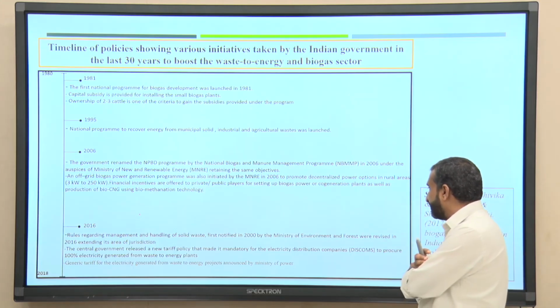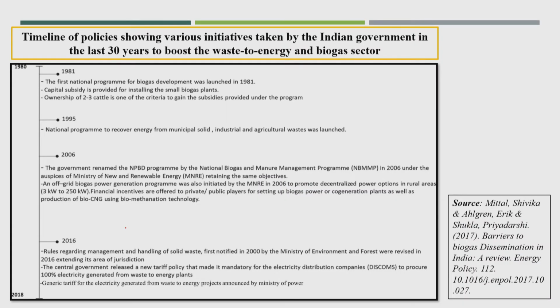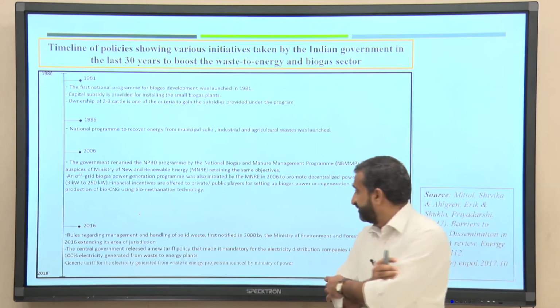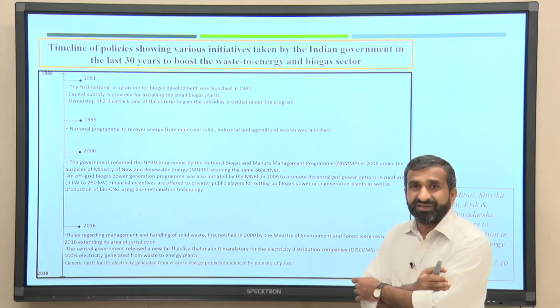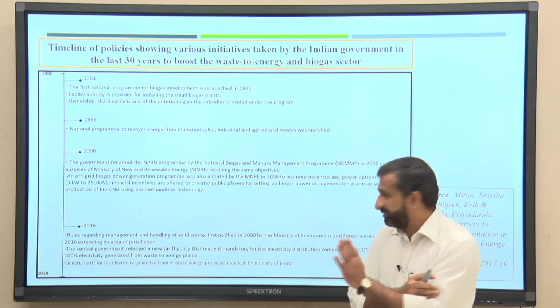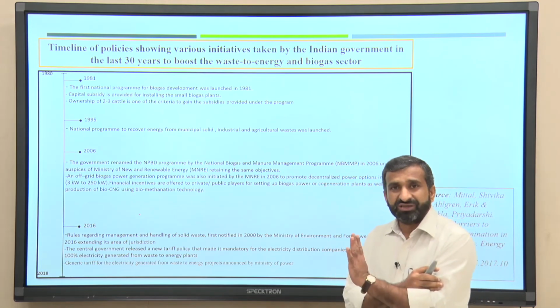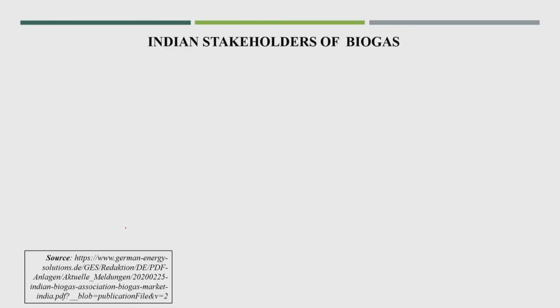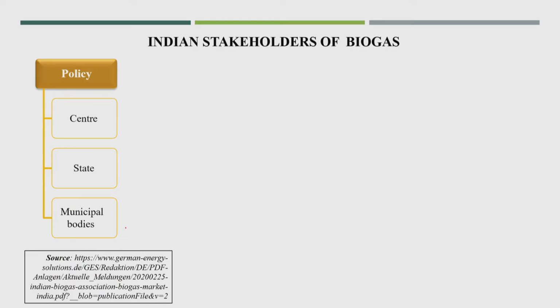So, electricity distribution companies can procure 100% of the electricity generated from waste to energy plants, collect it and distribute it to local residents. So, now who are the Indian stakeholders for biogas?